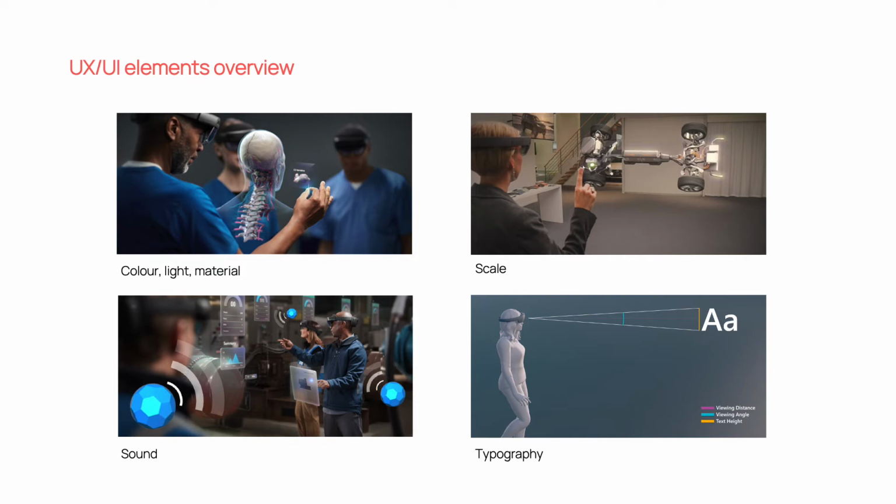And also the low latency head tracking of augmented reality headsets supports high quality spatial sound. So you can use spatial sound to guide users, for example, give them directional indicators to look left or right, and also help users to maintain awareness of their real world surroundings.